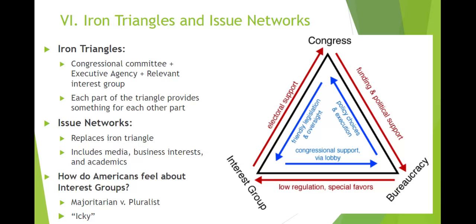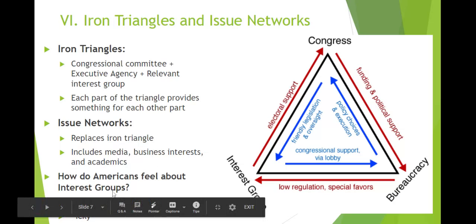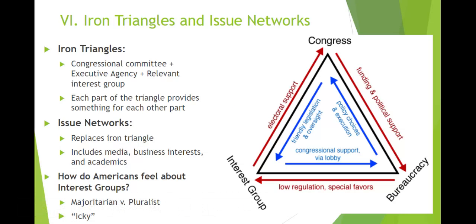So if we pool our resources, we can actually be louder. We can be a squeakier wheel than we would be if it was just us. So the most effective interest groups might represent a policy position that is unpopular with most Americans, but by being loud and lobbying effectively, these interest groups can still get the policy goal they want, even if it's not very popular. And that's pluralist democracy. That's many small groups competing for power.